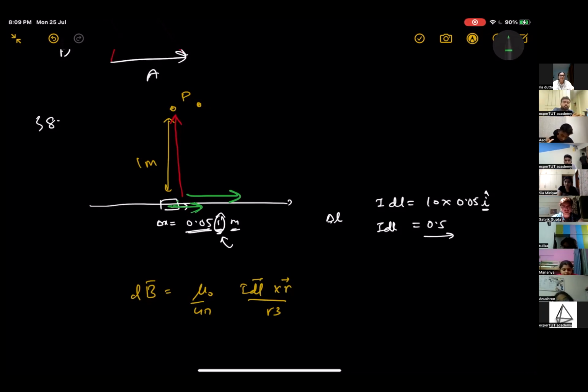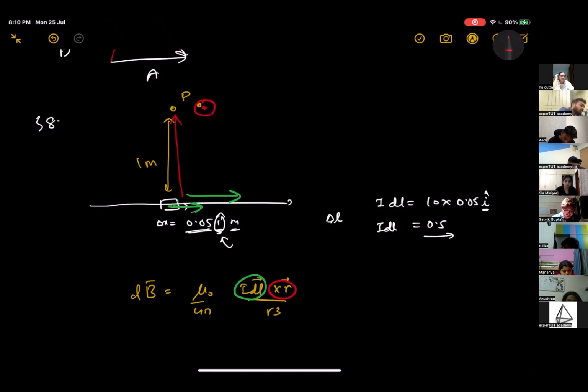Take your right hand, start curling fingers from the green vector. You are doing I dL cross r, I dL is green and r is the red vector. Green cross red, thumb will come outwards. Fine. So the magnetic field at this point will be coming out of the plane like this.